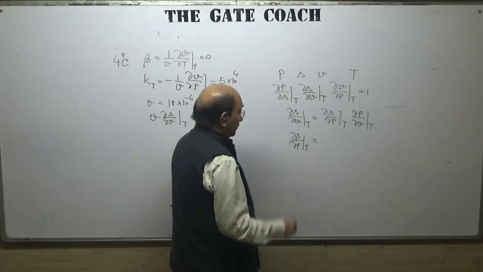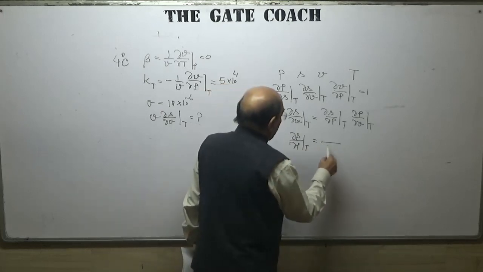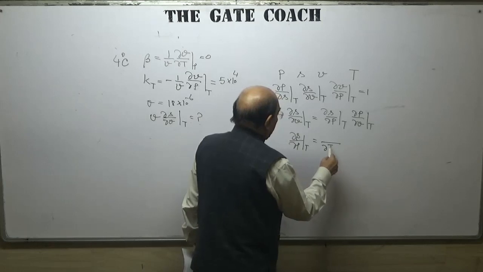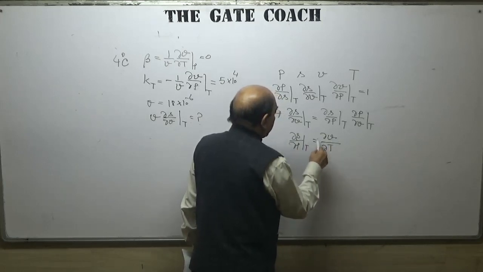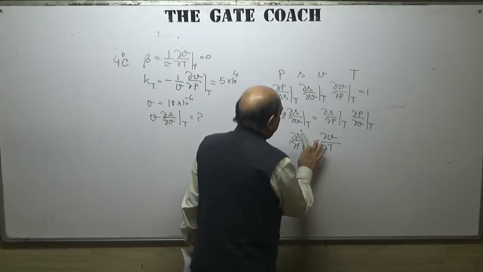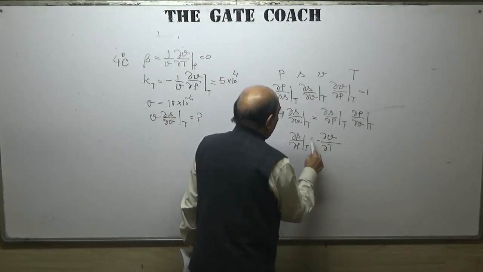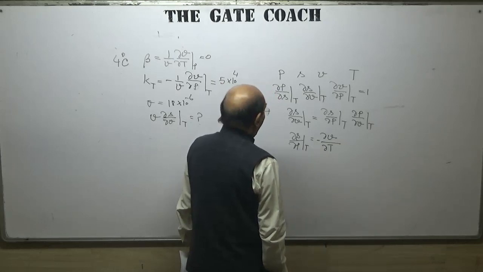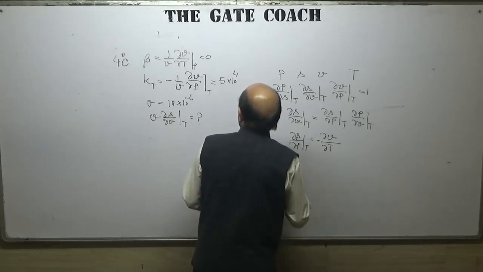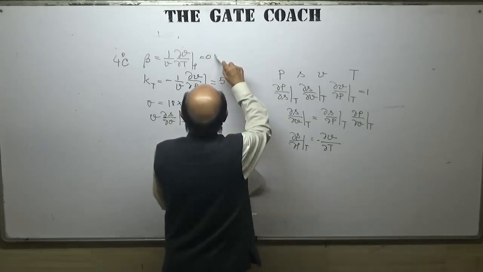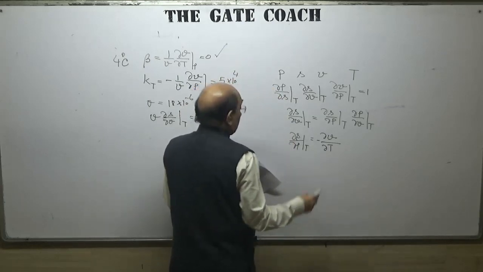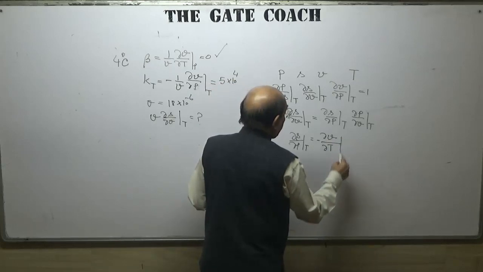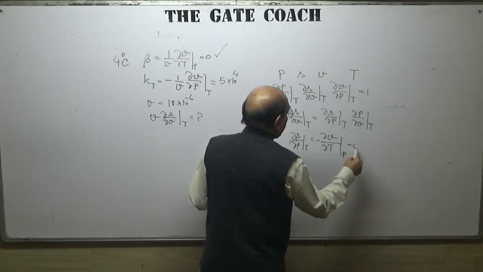By Maxwell relationship, here it should be del T, P, S, V. We have moved horizontally, so it should be with a negative sign. And further it is given that del V by del T at constant pressure is 0.